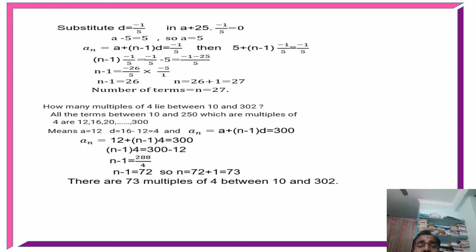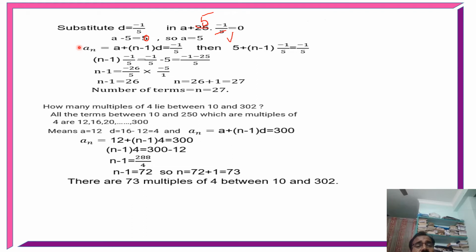After substituting the d value as minus 1 by 5, we have 5 fives are 25, plus into minus is minus. So we have a minus 5 equals 0, students, because 0 is given. Minus 5 can change into plus 5. So a is 5.